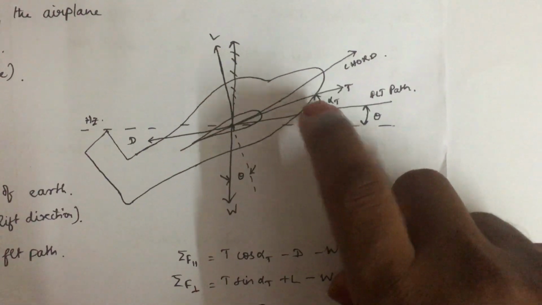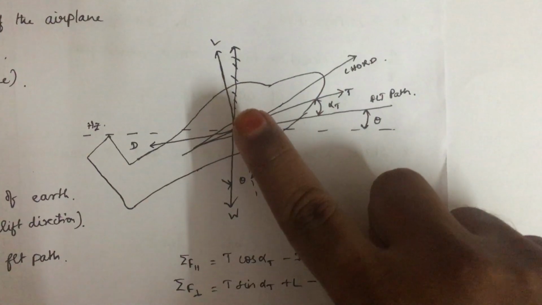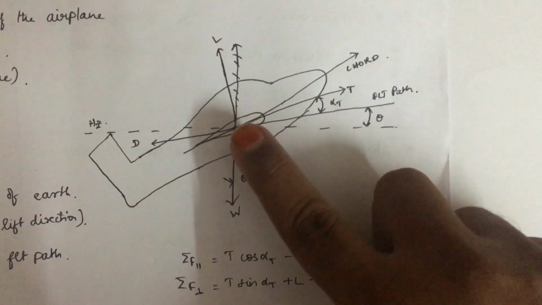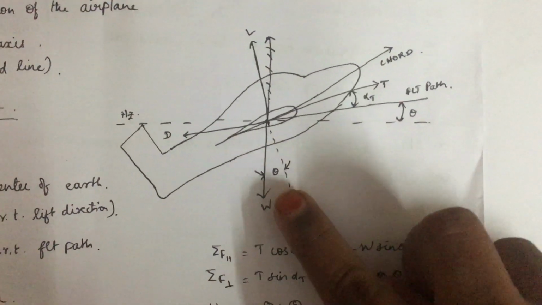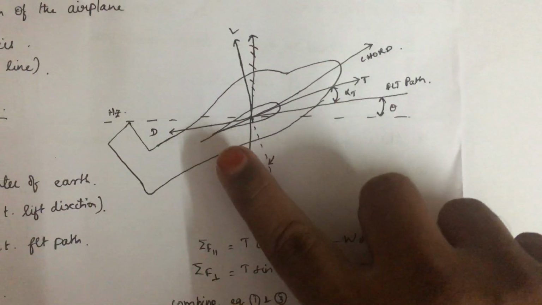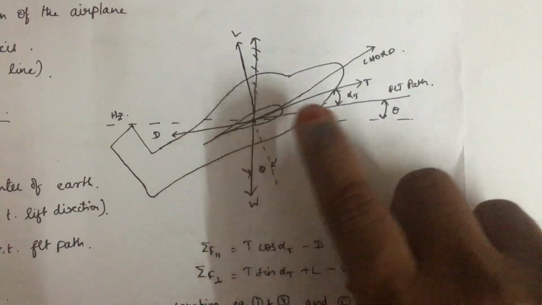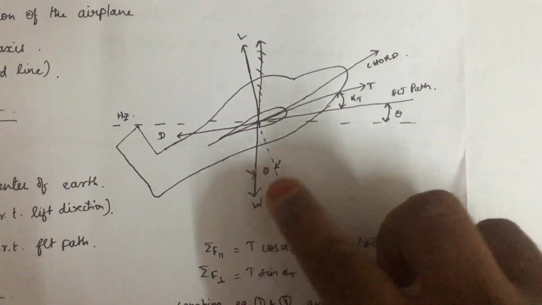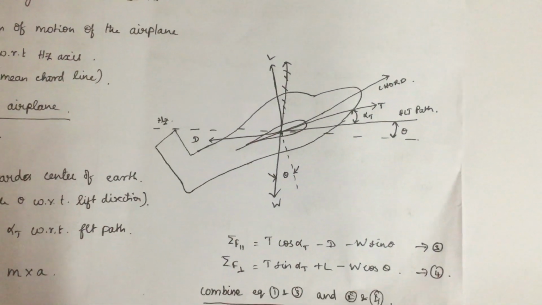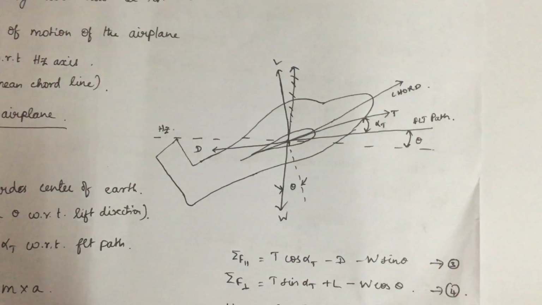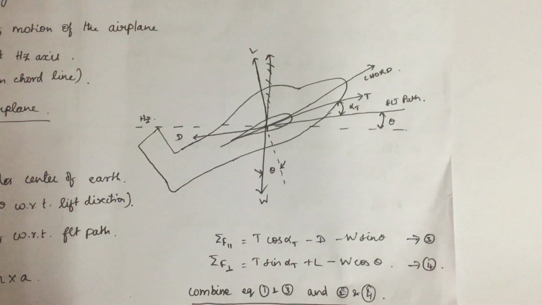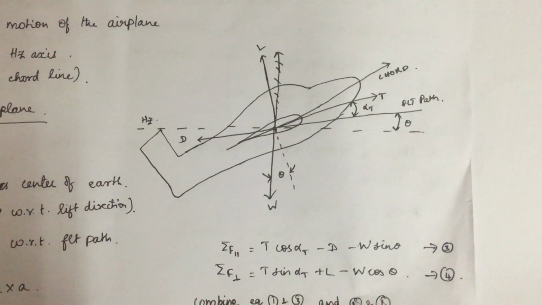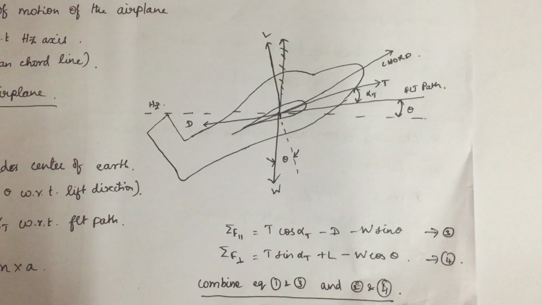L is perpendicular and in the positive direction, so it is positive L. Drag is a parallel force, so there is no consideration of it. W is negative, and since I am considering the perpendicular axis, it becomes W cos theta. So equations 3 and 4 are your basic governing equations.